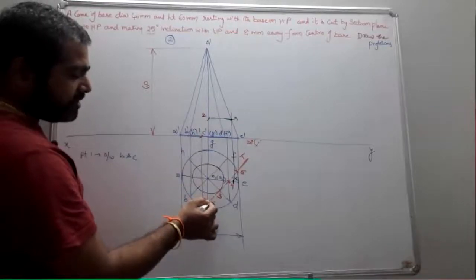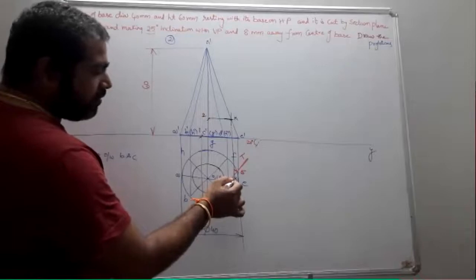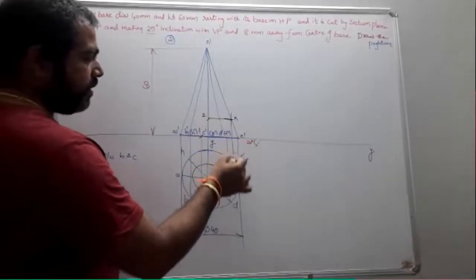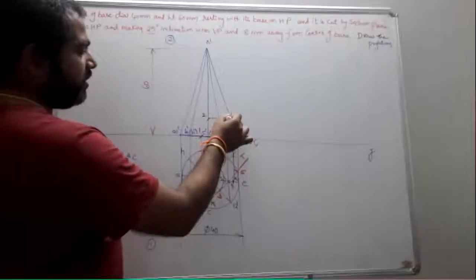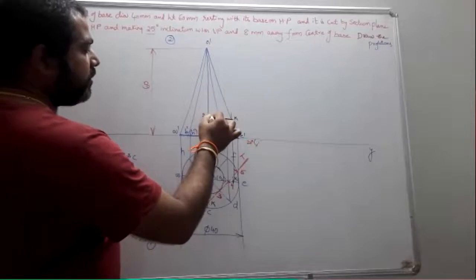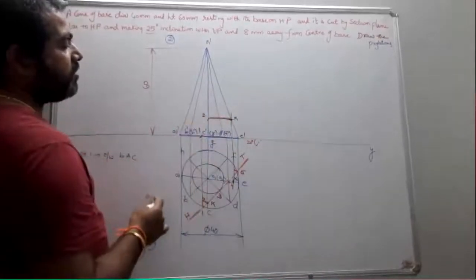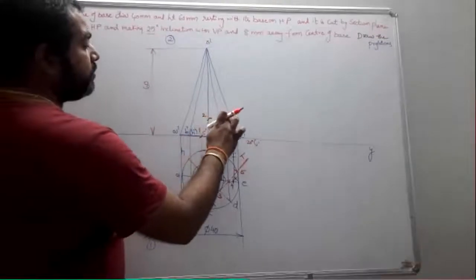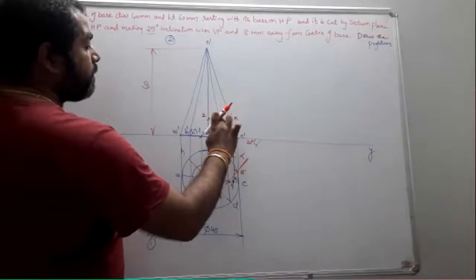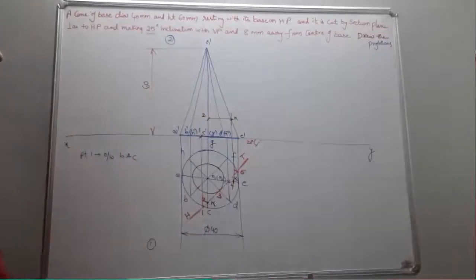I just consider it as some K. With OK as radius, draw up to here on OE, project it to meet the OE projector somewhere here, and draw the horizontal to meet the extension of OC. Don't draw too much of the line. So draw the horizontal to obtain your point 2.